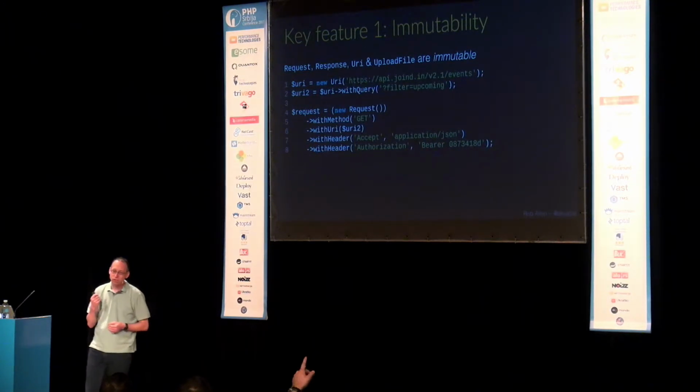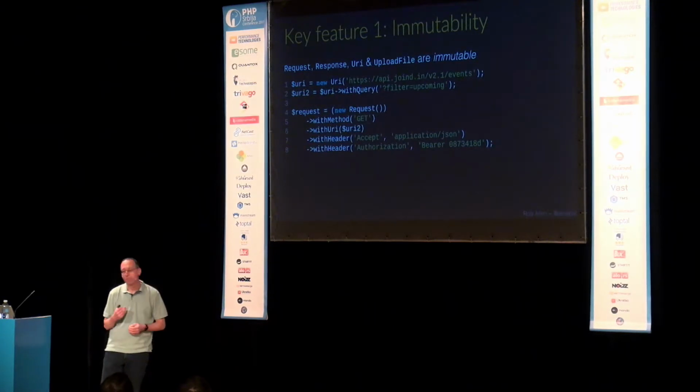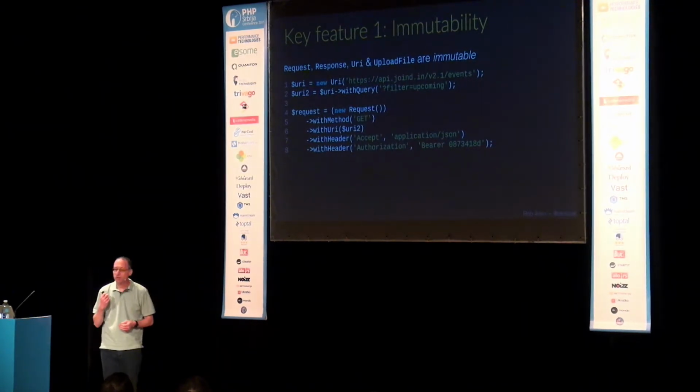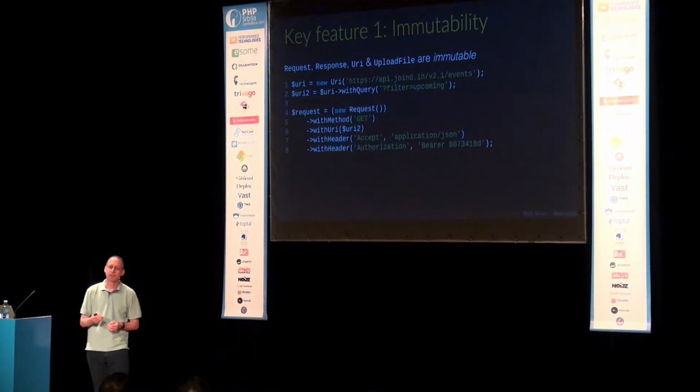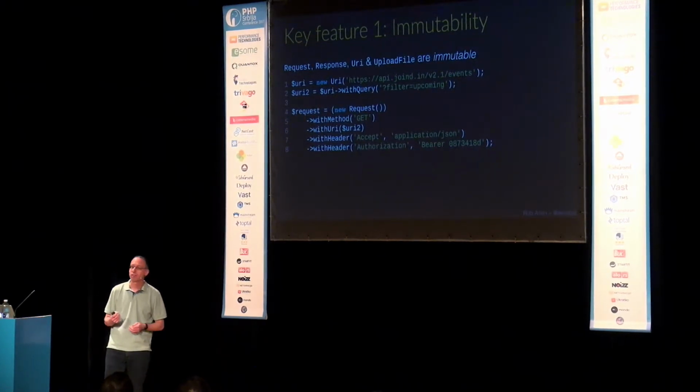However, we do need to change immutable objects. Like, for instance, on line 1 there, I have a URI object that points to the joind.in API list of events. I want to filter that list of events by putting a query parameter on, so I only get the upcoming events, the ones that happen in the future.